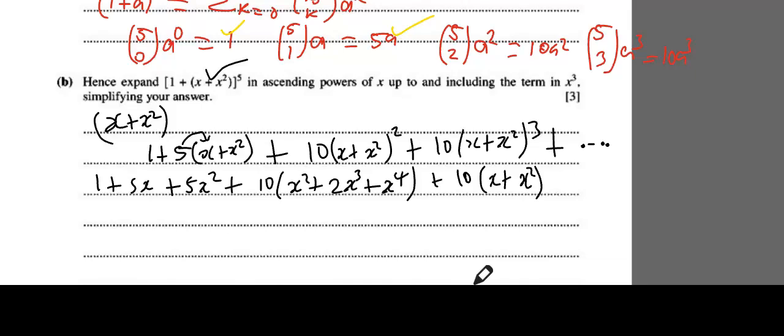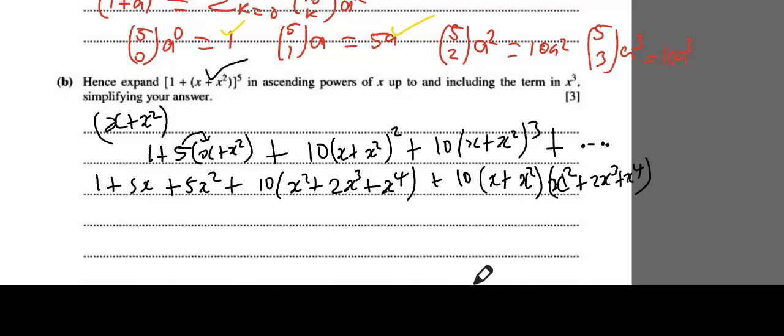So this becomes x squared plus 2x cubed plus x power 4. So now we can multiply the terms together and try to open up that bracket.